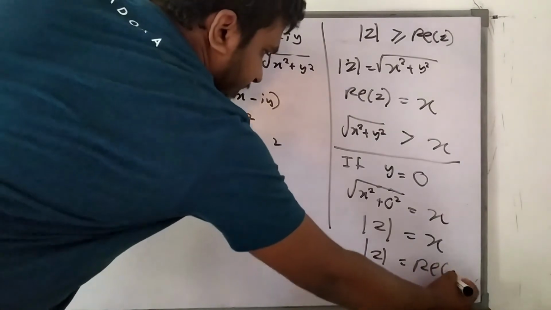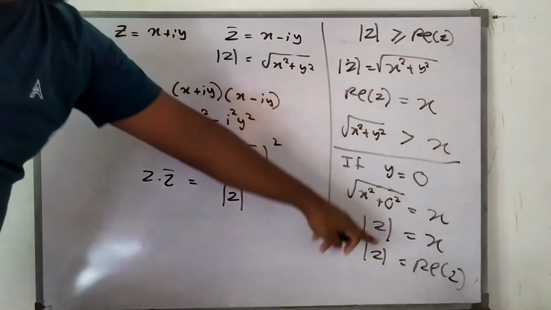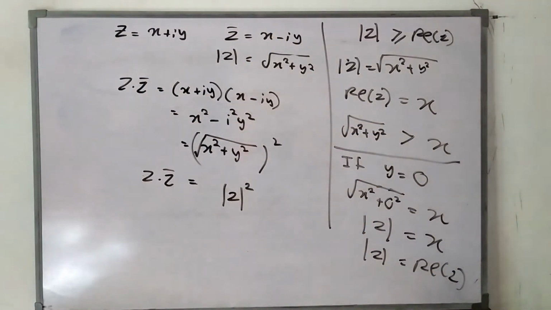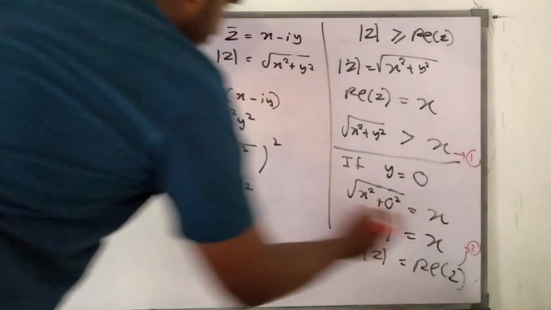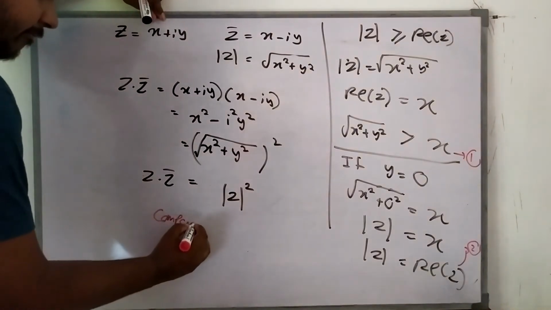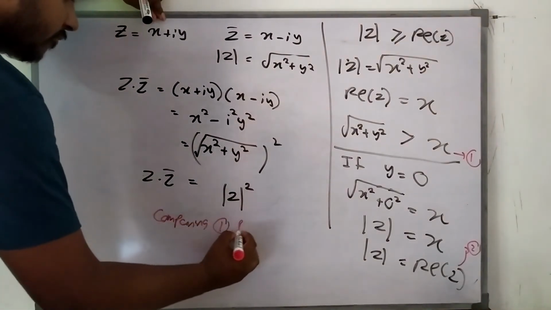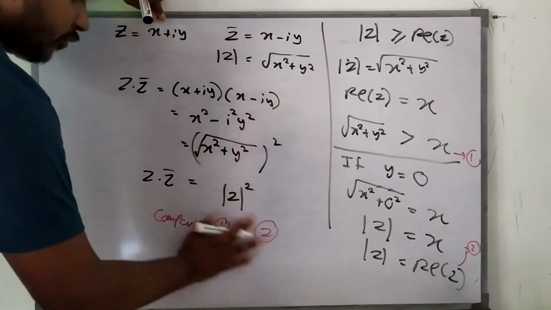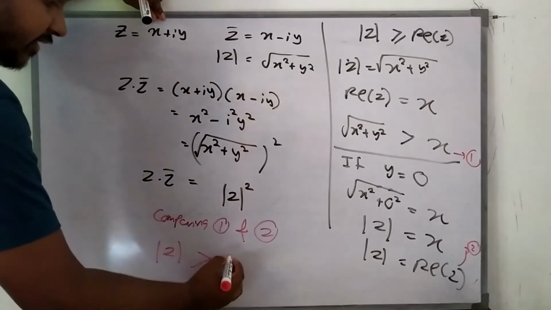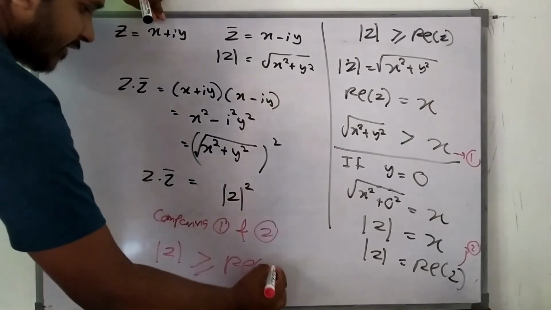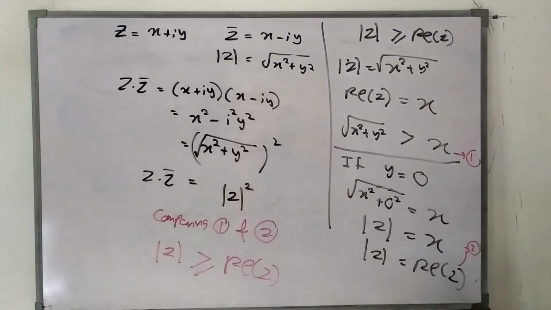This is my real z, right? Comparing these two, 1 and 2, modulus z is always greater than or equal to real z. So this is the answer of the second one. So basically it depends on the modulus z.